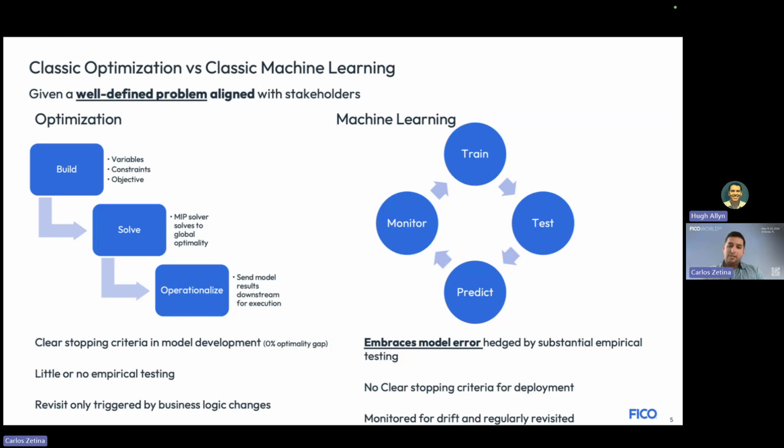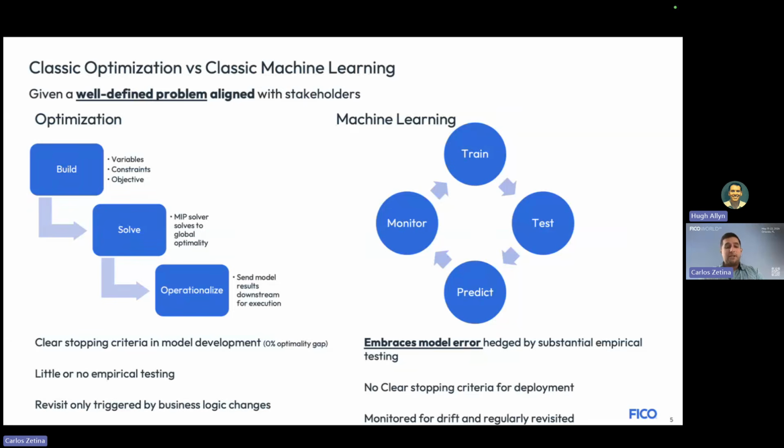So we write it into our ERPs, MRPs, or whatever system of record that we're using, so that decision can be actually executed in the physical world. So far, from the building and the solving, it's all a digital world. Even the writing into the system of record is still digital, but in the end, the idea is that it is eventually translated into the physical world and operationalized.